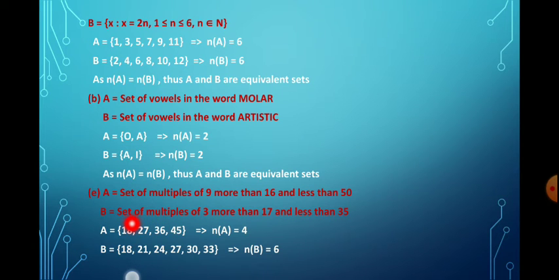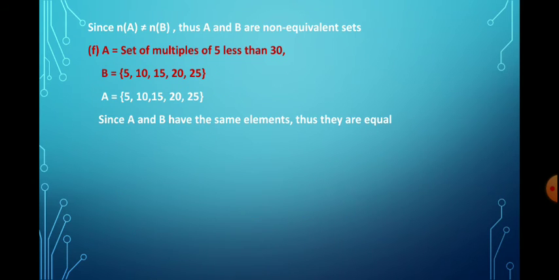So more than 17 we have 18, 21, 24, 27, 30, 33. So here the cardinal number for set B is 6. So we can see that the cardinal numbers are not matching. Obviously they are not equal as well. So this is a non-equivalent set. Since n(A) is not equal to n(B), thus A and B are non-equivalent sets.